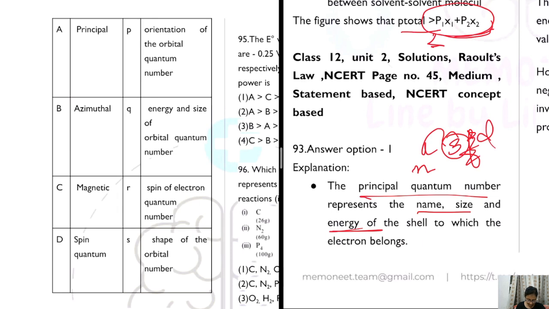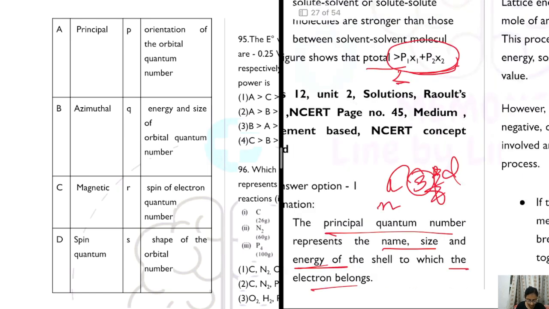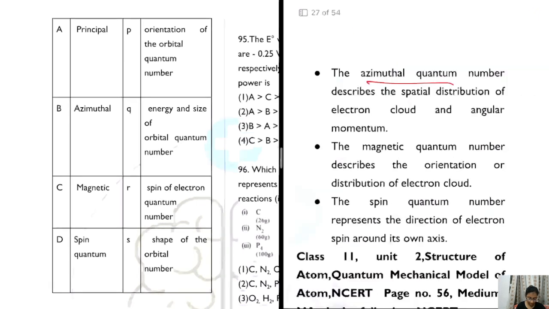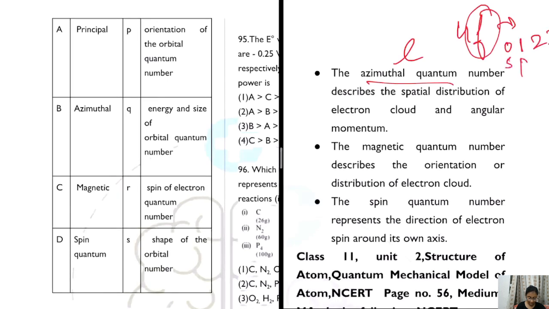So name, size, and energy of the shell to which the electron will belong. What is the azimuthal quantum number? It is l. For example, for s, p, d, f, l would be 0, 1, 2, 3. So it tells about spatial distribution and angular momentum.